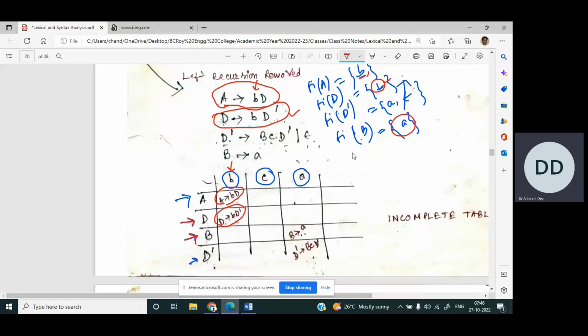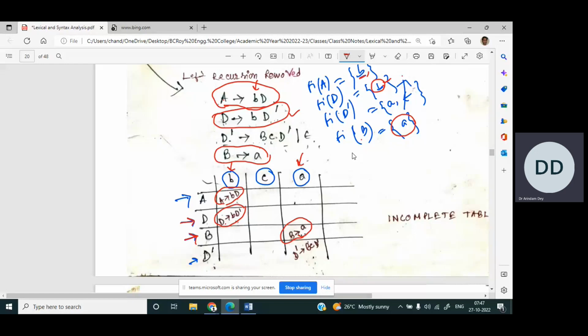So this a is generated from the production B to A. So B to A is generated over here, and we put this production rule at this cross point of the B row and the a column, right?